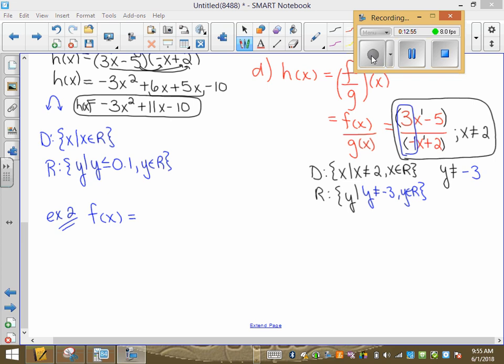So f of x equals 3x squared plus 2, and then g of x equals square root of x plus 4, and h of x equals 4x minus 2.